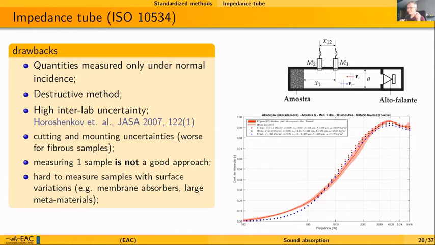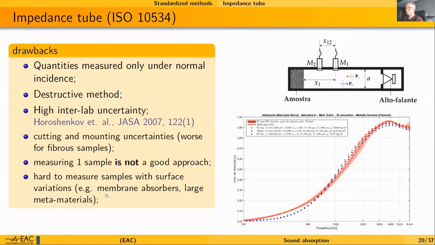So the same sample was mounted and dismounted many times, and we do not measure exactly the same absorption curve, but we have a deviation in frequency. So maybe measuring only one sample is not wise enough. You need to measure like 10, 30, 50 samples in the impedance tube.